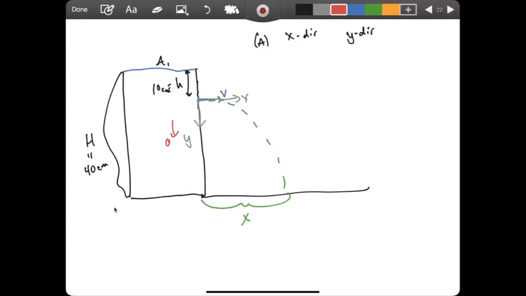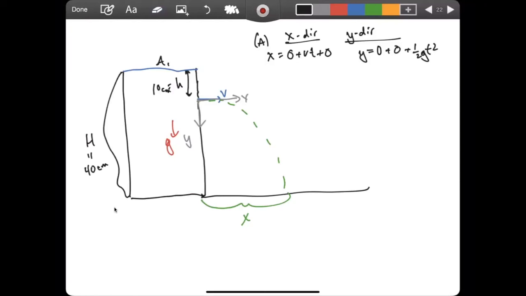We know g is going to be downward, which means that my initial x position is going to be 0 plus the velocity times the time, and there's no acceleration here, so I'm going to get a plus 0. And then here we get y is equal to y0, which is 0, plus 0 velocity, because all the velocity is in the x direction, plus 1/2 gt squared. And again, plus because it's in the same direction as the positive y direction.